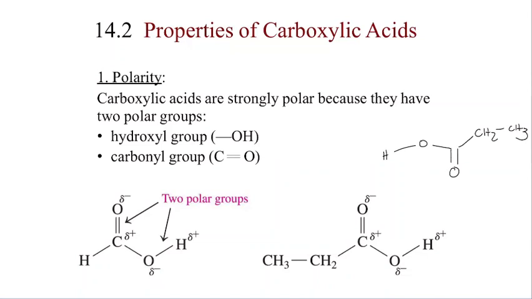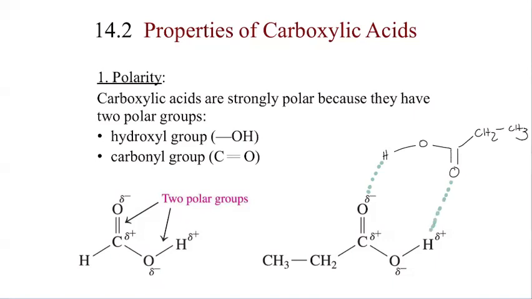In the hydrogen bonding events that are going to happen between 2 carboxylic acid molecules, the partial negative of the oxygen in the carbonyl of 1 is going to hydrogen bond, as you can see, similarly with the hydrogen of the OH in the neighbor.